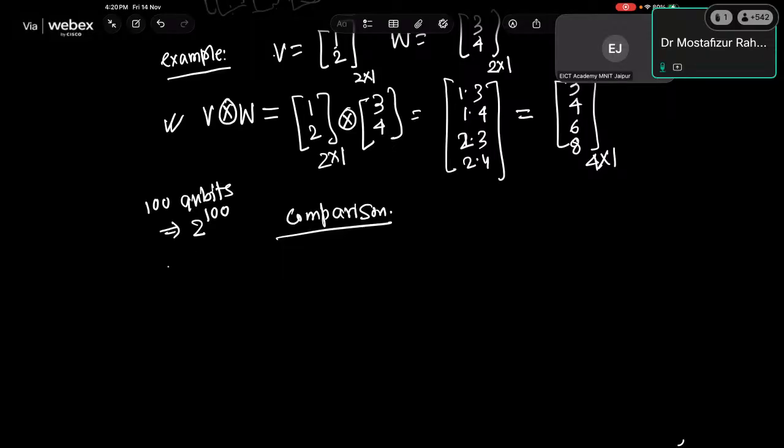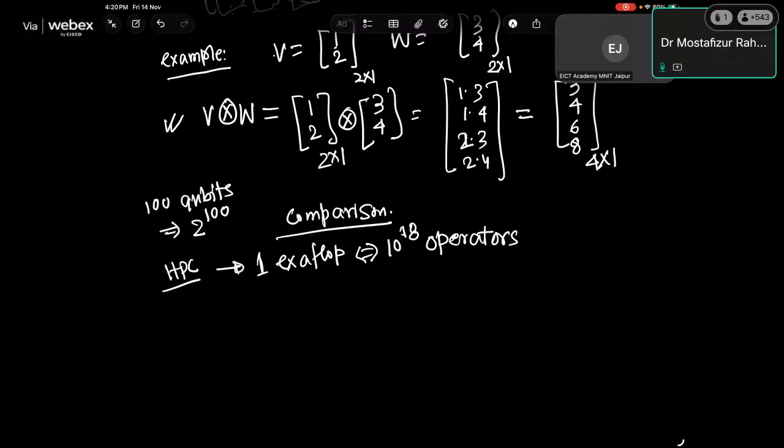If you have the present supercomputers, right, the best HPC, and it has one exaflop speed right now, right? Exaflop means this is basically equivalent to 10 to the power 18 operations per second in your best supercomputer on Earth.